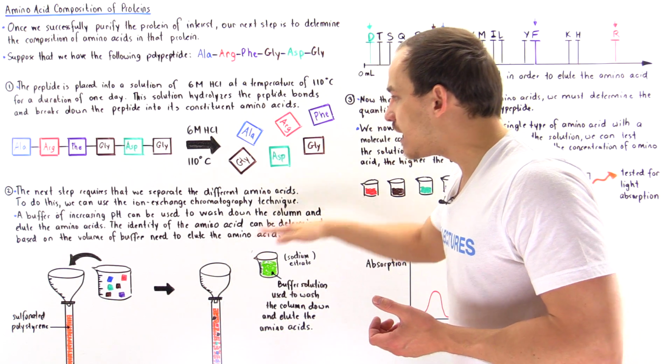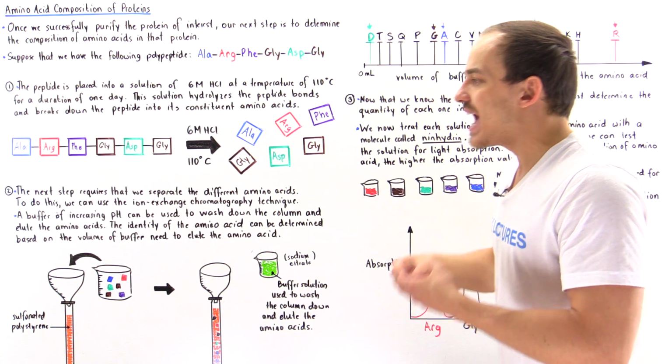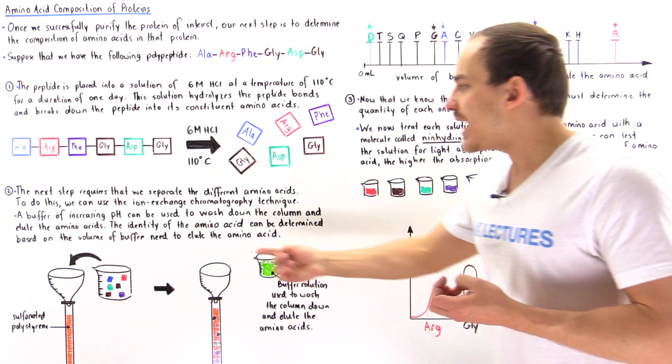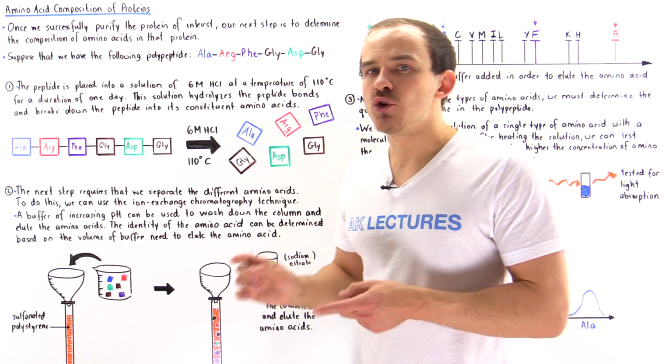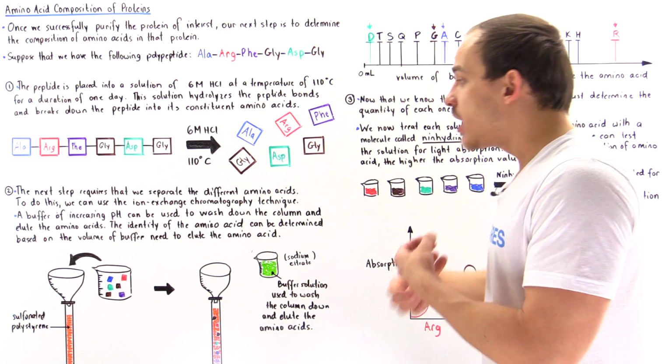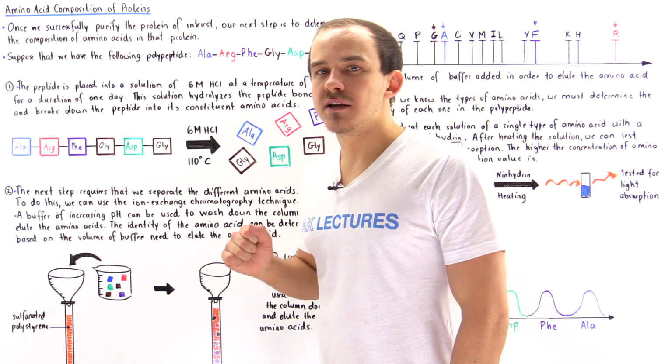And as we wash down the column, these amino acids will begin to elute at different rates. So the identity of the amino acid can be determined based on the volume of the buffer and the pH of the buffer that is needed to actually elute that amino acid.